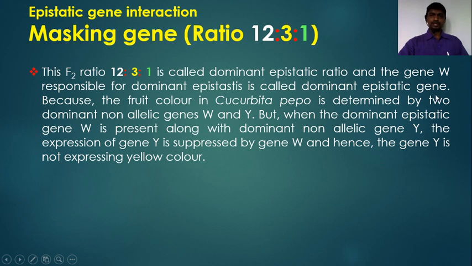So here there are two genes, W and Y. This W is an epistatic gene. If it is dominant, then it masks the phenotypic expression of the other gene, that is the capital Y. Because the fruit color in Cucurbita pepo is determined by two dominant non-allelic genes W and Y. But when the dominant epistatic gene W is present along with the dominant non-allelic gene Y, the expression of gene Y is suppressed by the gene W, and hence the gene Y is not able to produce the yellow color because of the dominant W gene present in the individual.